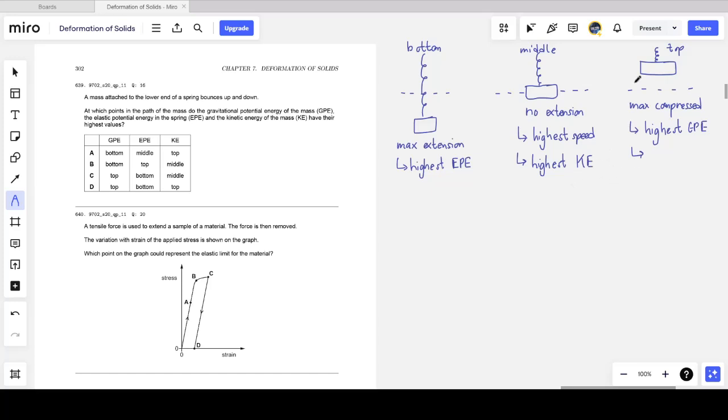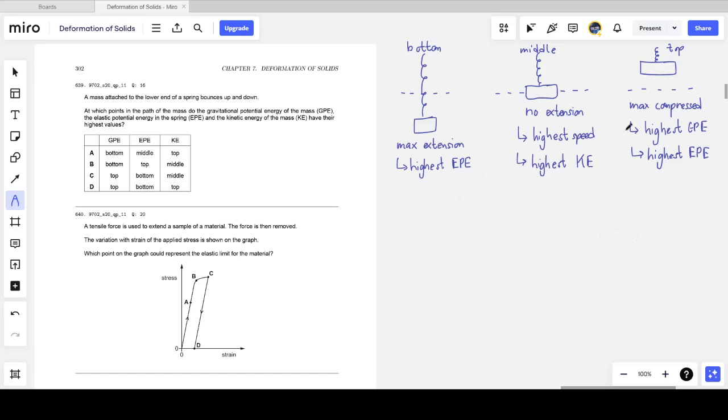So relative to the lowest point, the gravitational potential energy will be the highest. And also, since the spring is maximally compressed, its elastic potential energy will be at a maximum as well. Okay, and we're assuming that it's simple harmonic motion, which if you haven't already done A-level physics is something you'll come to later on.